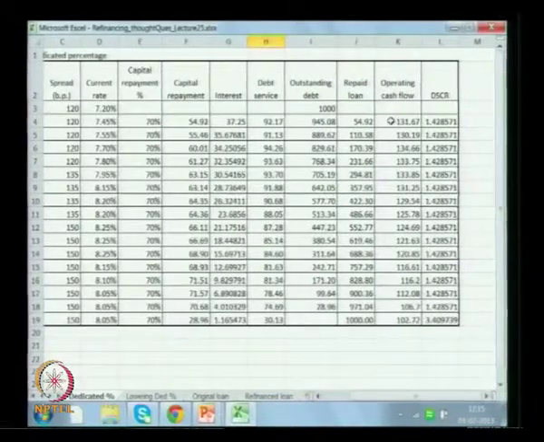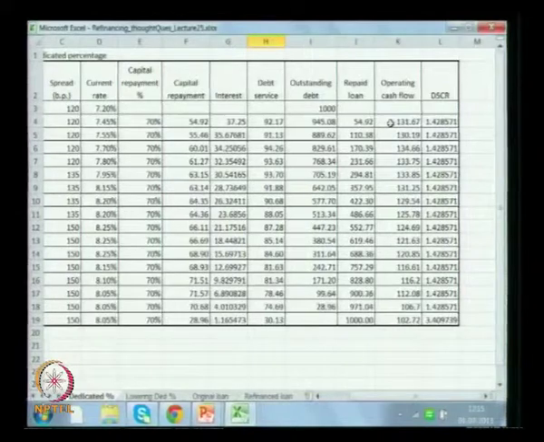So this capital repayment is a percentage of operating cash flows. The total amount that is repaid for debt servicing is 70% of these operating cash flows. So you have what is called your debt service, which for installment 1 is 92.17.